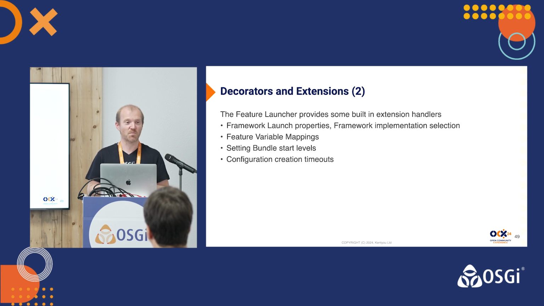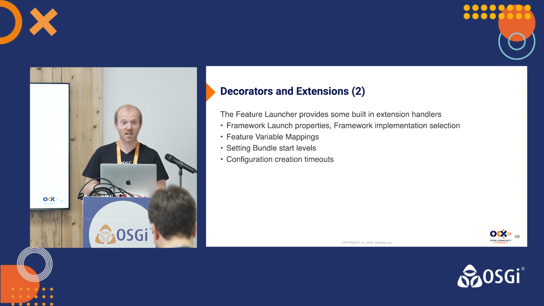And so that means you need to provide additional variables when you're doing your launch or when you're doing your runtime install. But you can have extension handlers that will effectively process the feature and will inline all of the variable mappings so that you have something that you can actually deploy at runtime.